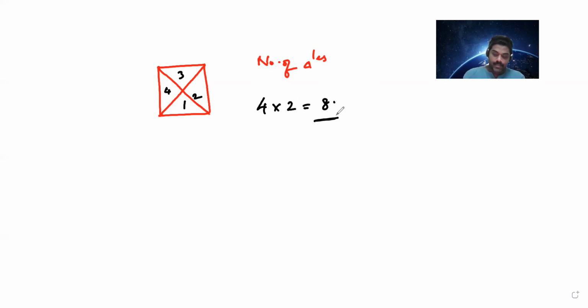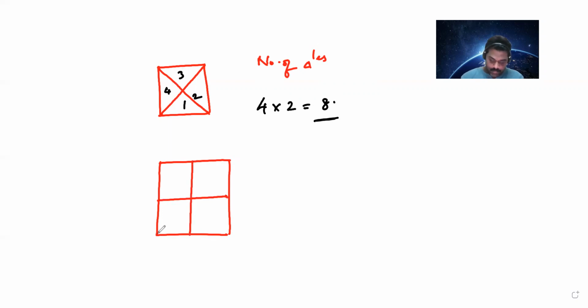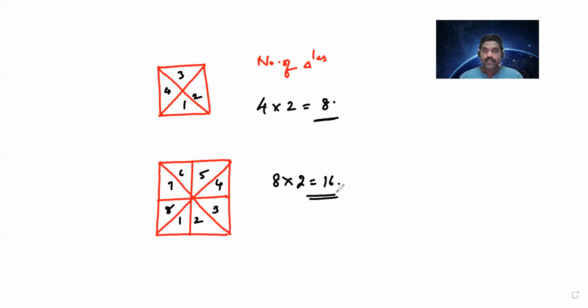Okay, suppose I am making the square into 8 parts and I want you to find the number of triangles once again. So how many parts are there? 1, 2, 3, 4, 5, 6, 7, 8. So 8 twos are 16. So the number of triangles is 16.